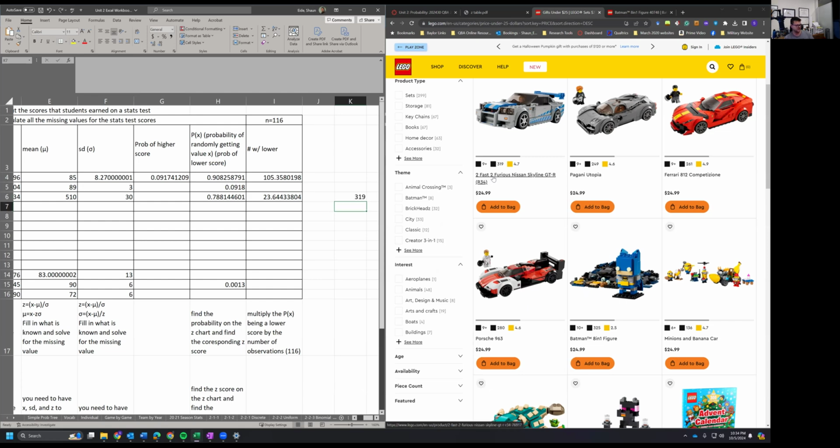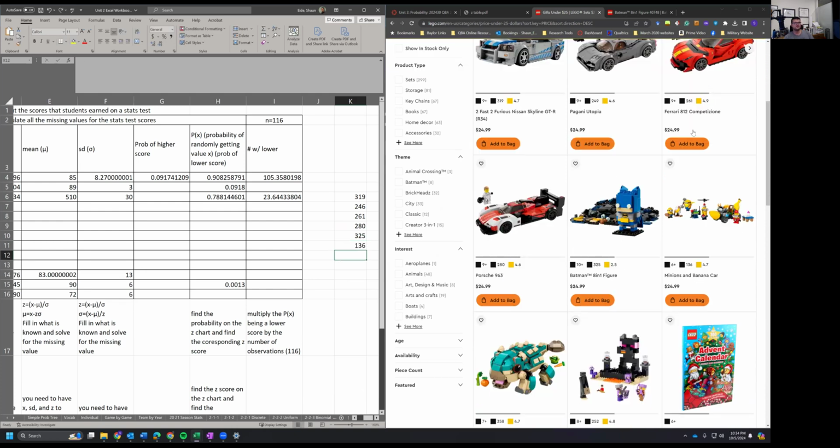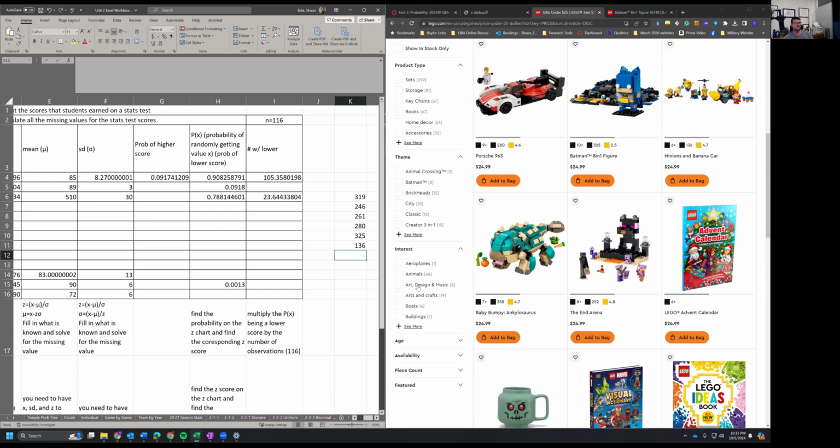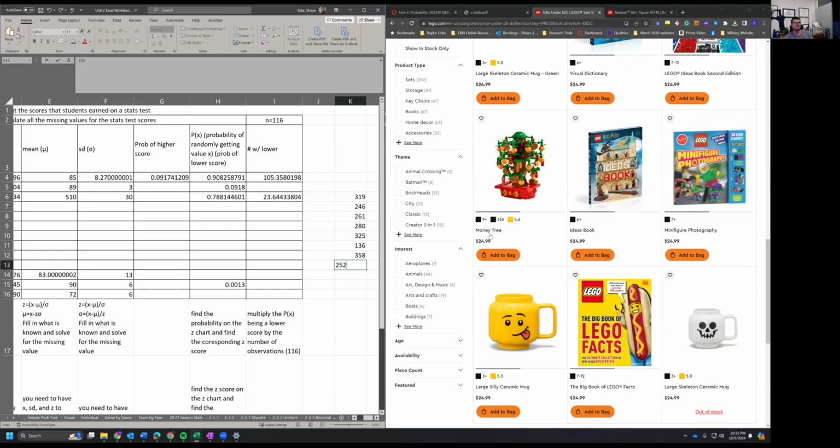We've got another one that's got 246, 261, 280, 325, 136, 358, 252, and these are all the exact same. 336.